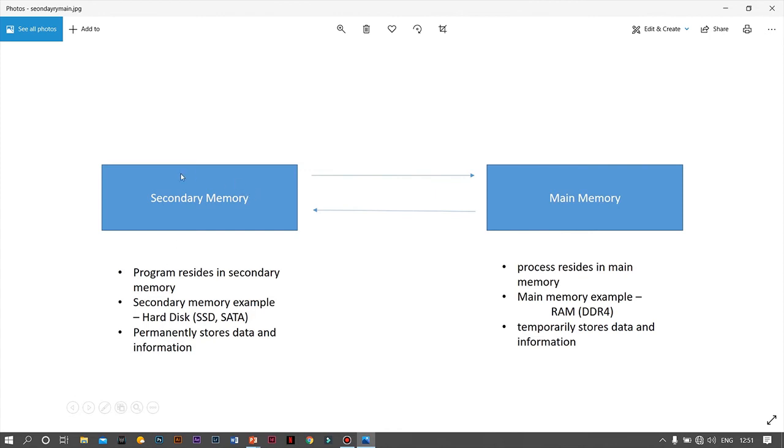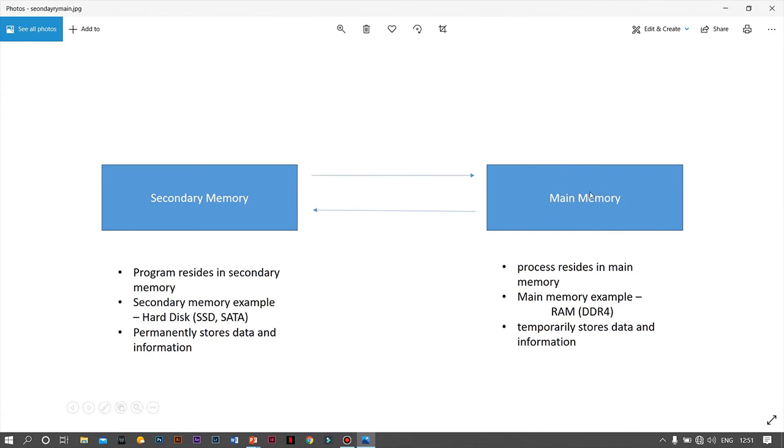Okay, so when I take a program which is residing in secondary memory to the main memory, this means that I want this program to execute. When I want any program to execute, the computer takes it from the secondary memory to the main memory. So all the execution takes place here.